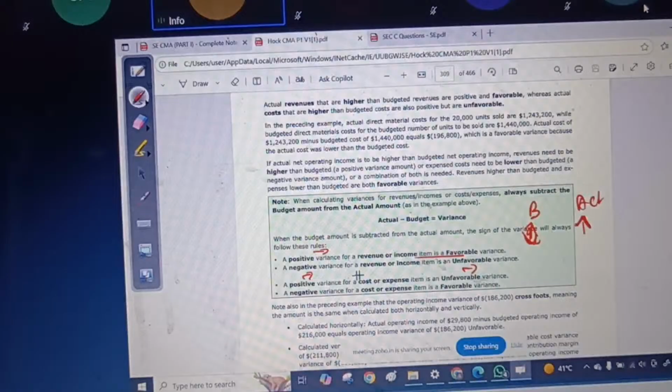That is why it is unfavorable, but it will be a positive amount. If you look at the maths, this is 100 and this is 150. We are subtracting and putting the sign of the greater amount. In mathematics, this is 50, correct? But here, this is positive 100 and this is negative 150. Minus and plus gives minus, putting the sign of the larger amount.